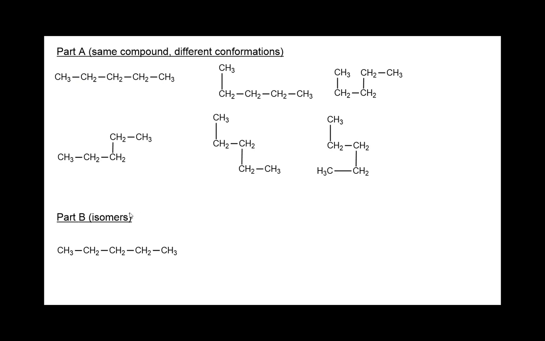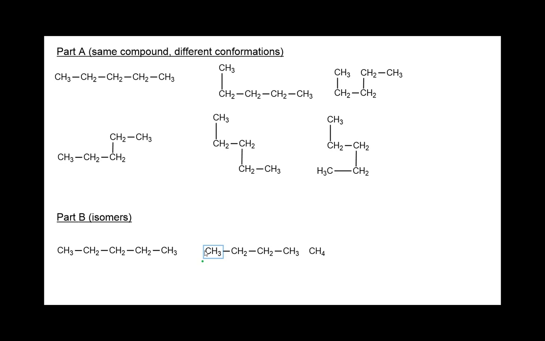For part B, I need to make actual isomers. So the way to make isomers is I actually have to break bonds to come up with different structures here. So let me go ahead and try this. Best way to do this is you just break the last bond. So let me just get that last bond broken right there.